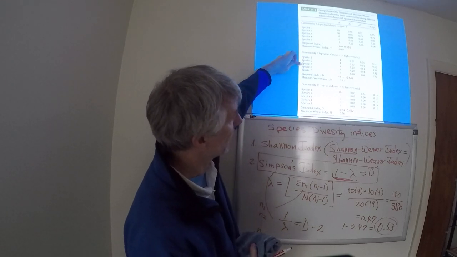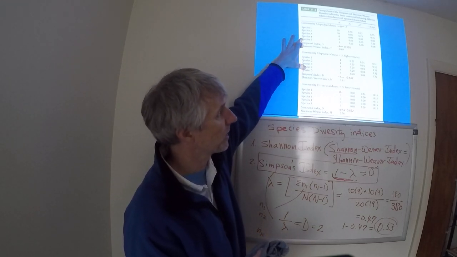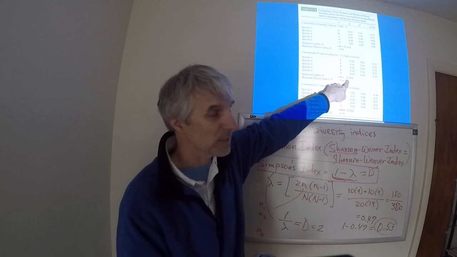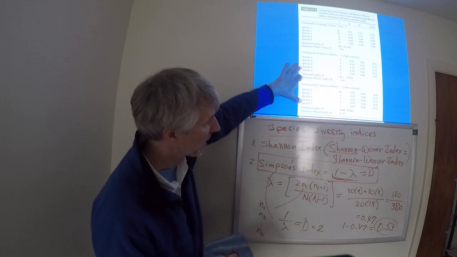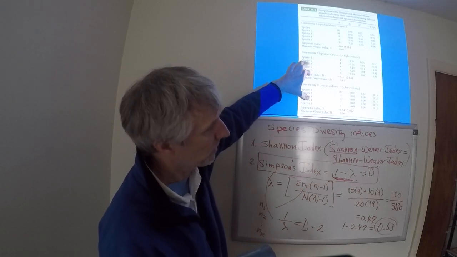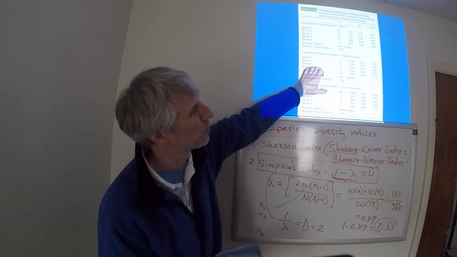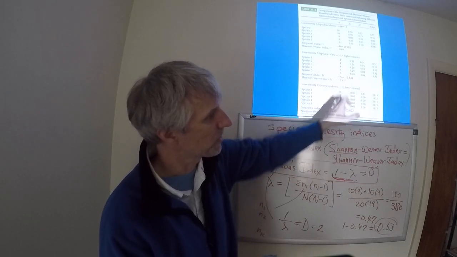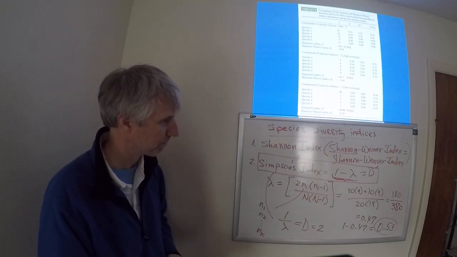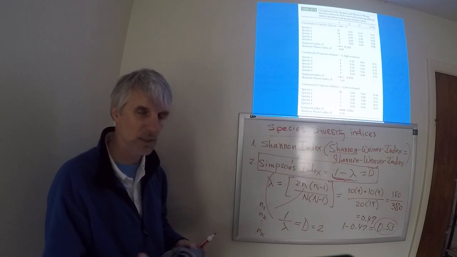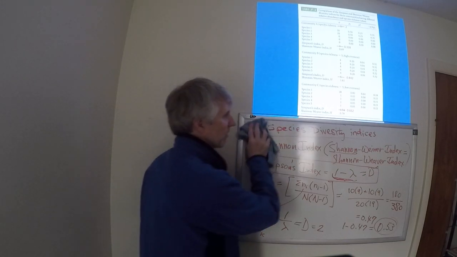An increase in richness without changing evenness increases species diversity as measured by the Simpson index. Keeping richness the same but dropping evenness reduces the diversity index. Okay? All right, so just two different ways to estimate species diversity.